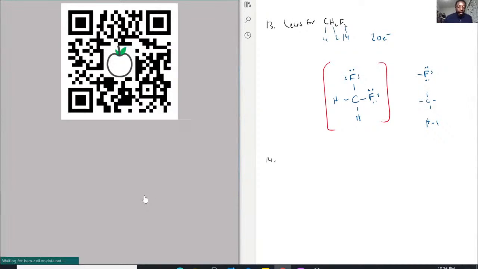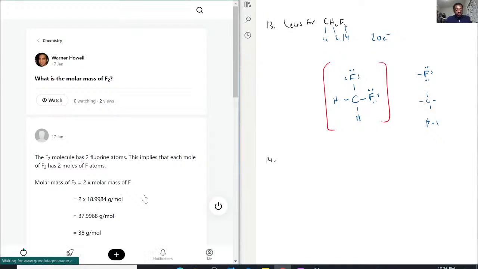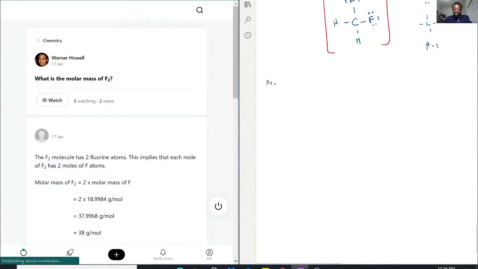And now we have question number 14. Molar mass of fluorine gas. Okay, so we have F2. Now to be able to find this molar mass, we need to make sure that we've accounted for all the constituents.